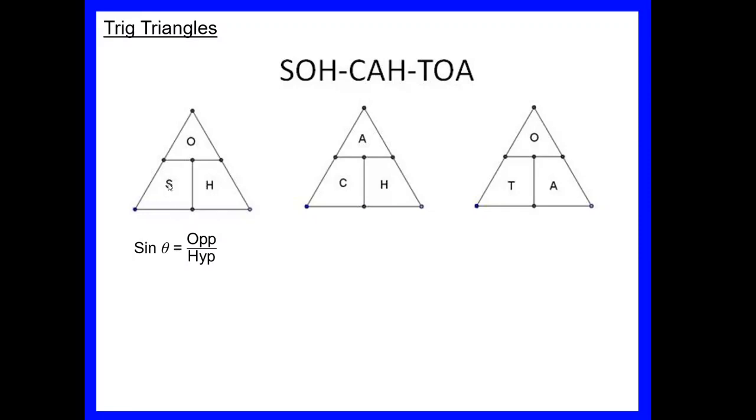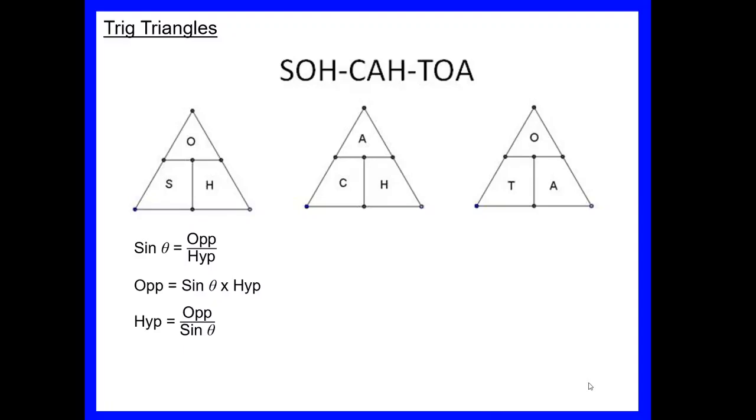So if I cover up sine, then I can see that I'm left with O over H. If I wanted to find the opposite, if I cover up the opposite, I'm left with sine theta next to H. So the opposite is sine theta times the hypotenuse. And finally, if I want to find the hypotenuse, if I cover that one, I'm left with O over S. So the opposite over sine theta.